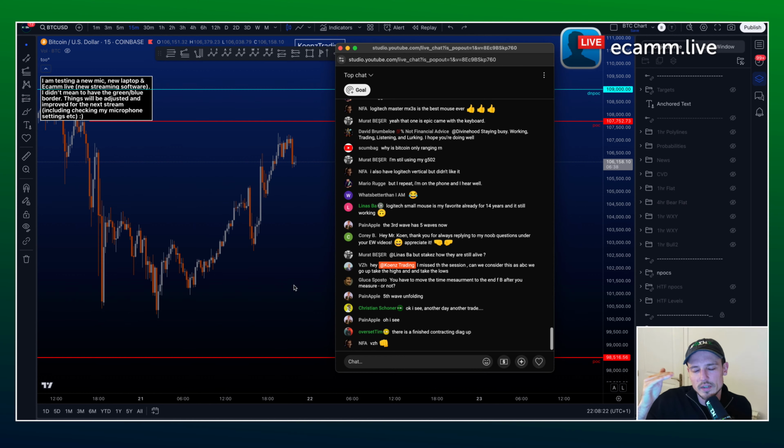It's a decision point on the chart, right? Decision point of continuation impulsively, wave 3, or come back down for C and take out the low.